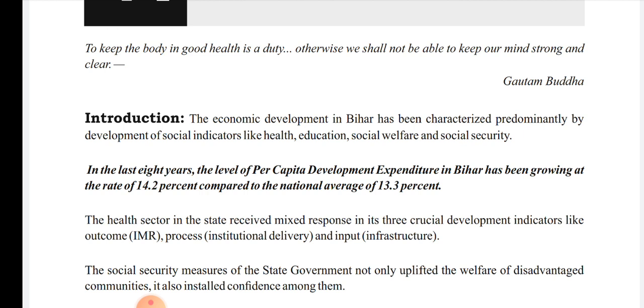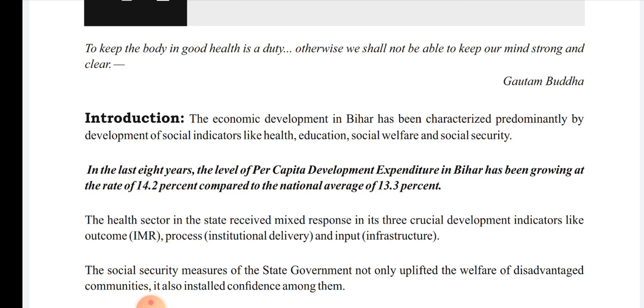A potential question: please understand that these sorts of facts are put in to confuse you. They may ask whether Bihar's per capita development expenditure vis-a-vis the national average is low. No, Bihar is higher. We know the fact that it's 14.2 for Bihar and the national average is 13.3.